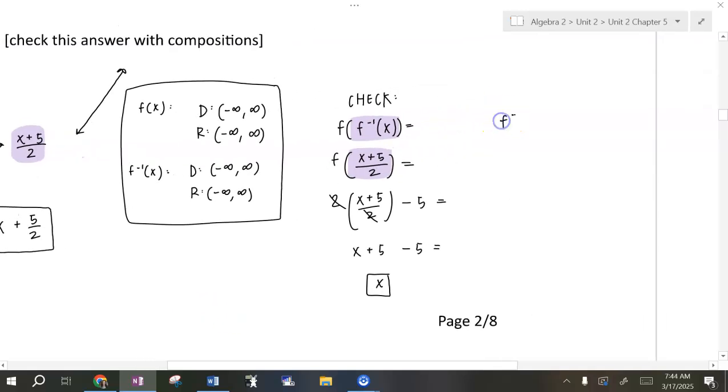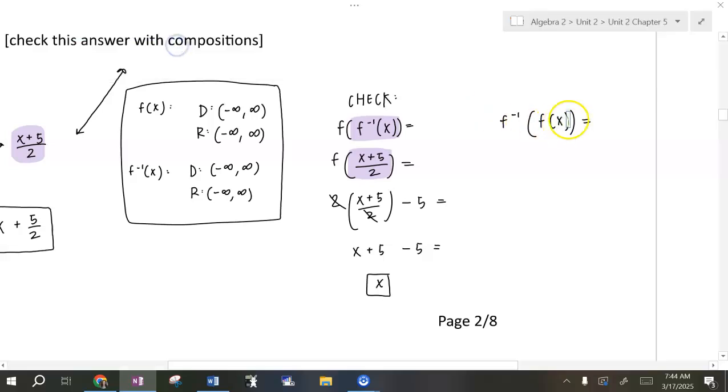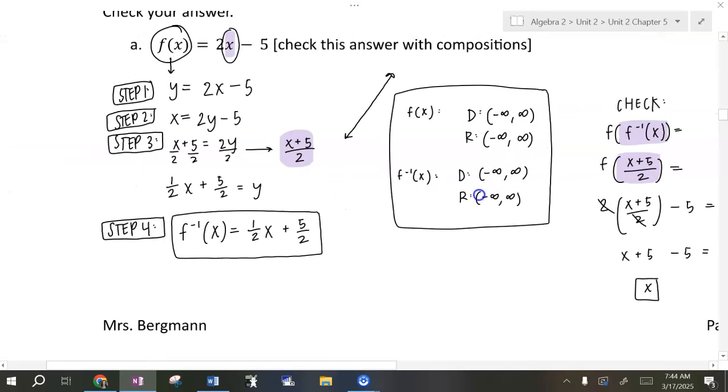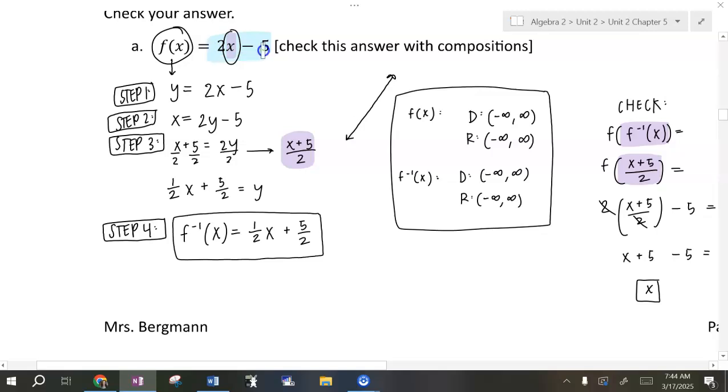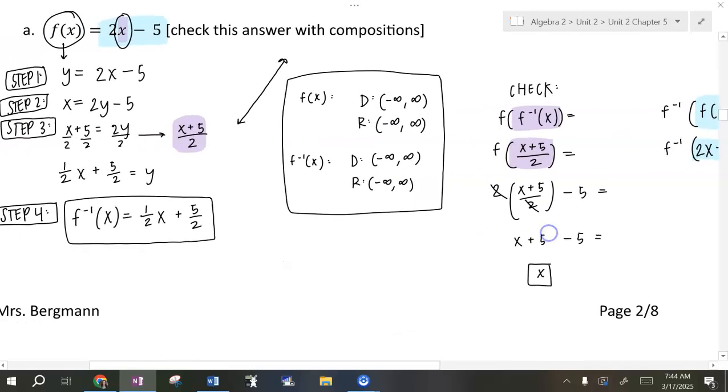Now you have to check it the other way around. F inverse of f of x. So this time, we're going to take whatever f of x is, which we know is 2x minus 5, and we'll plug that into the inverse function. So we have to do f inverse of 2x minus 5.